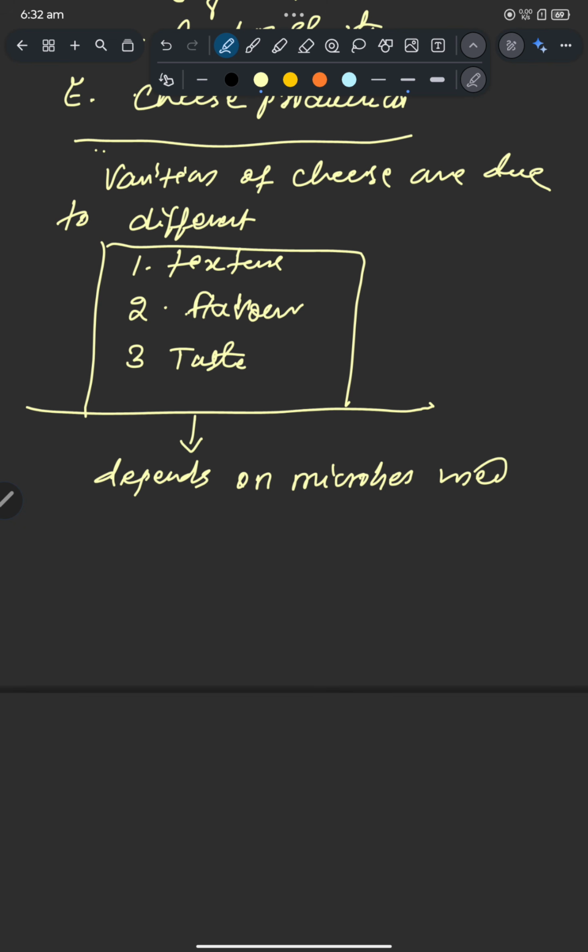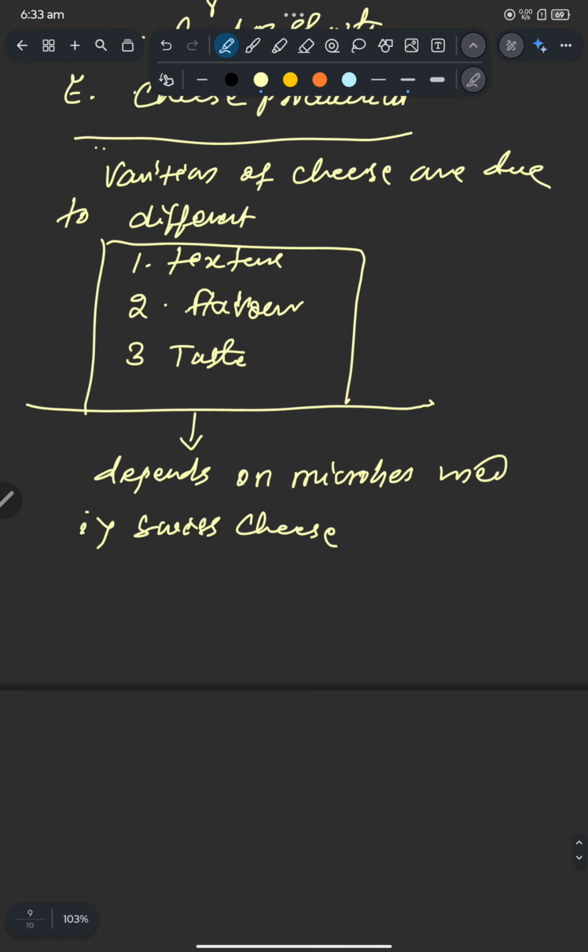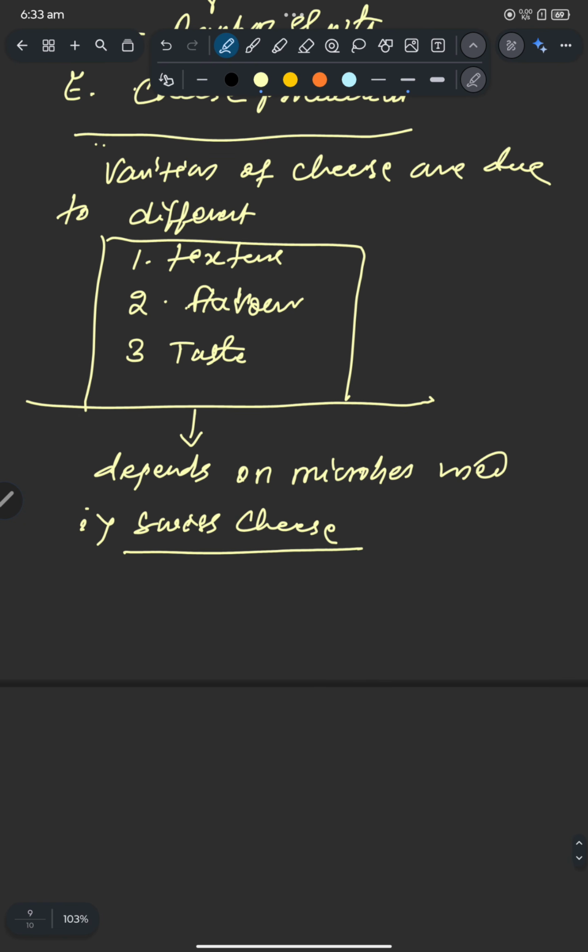For example, Swiss cheese, with the large holes. Here the texture is different.